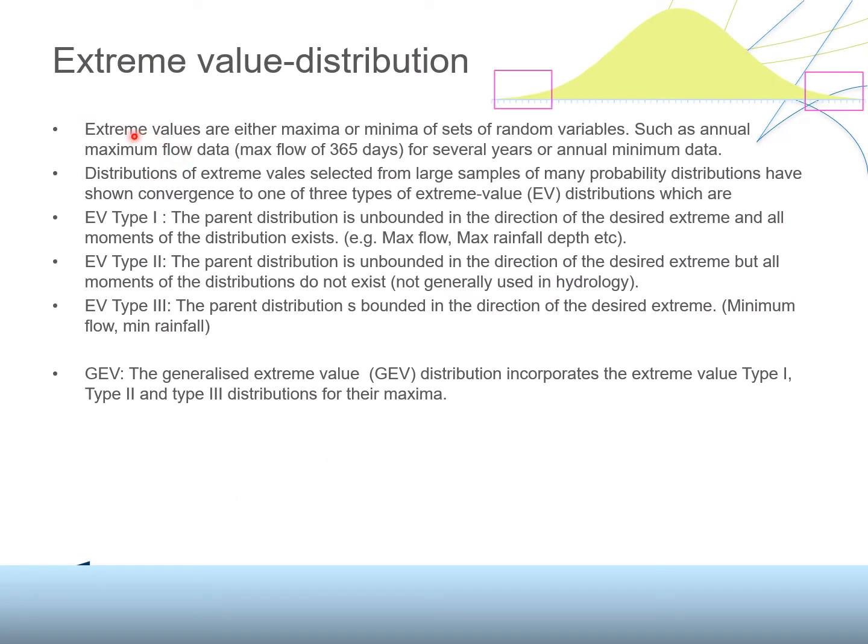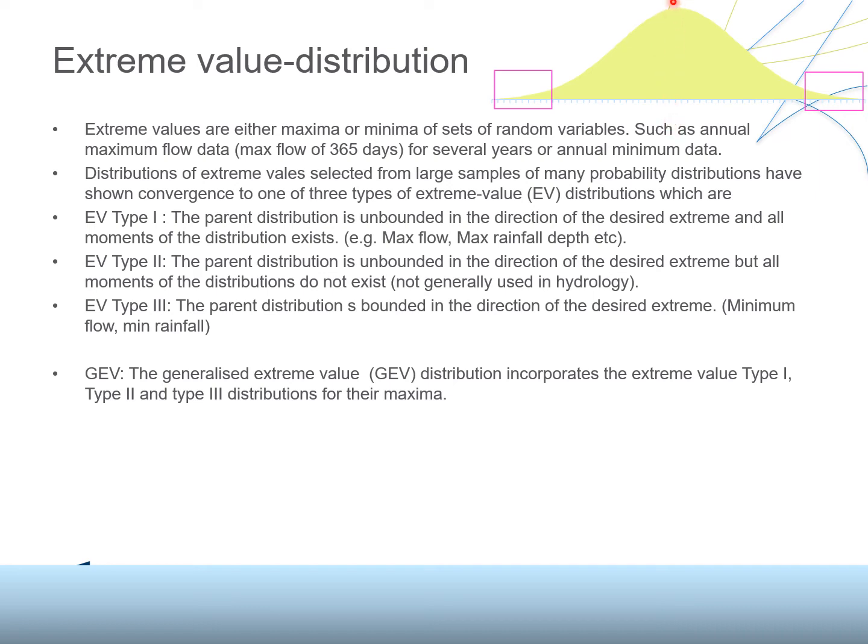Now, what is extreme value distribution? So we know if you have, like, the rainfall of the last 30 years, most of the values will be around this area, right? At the mean, towards the mean.